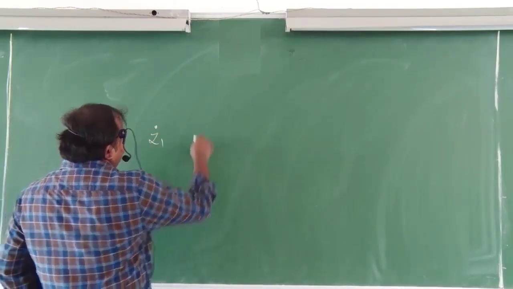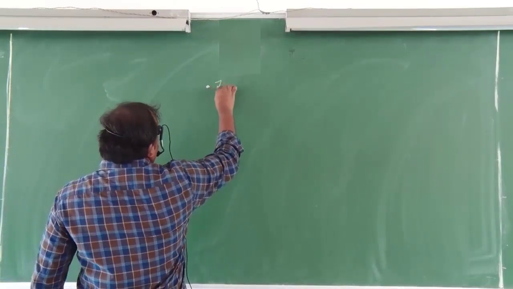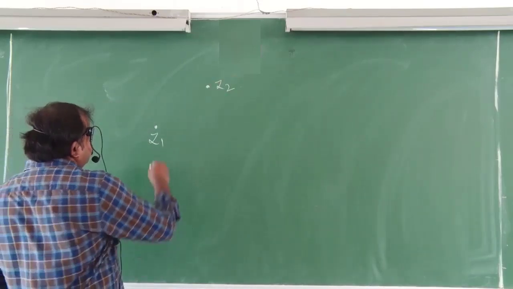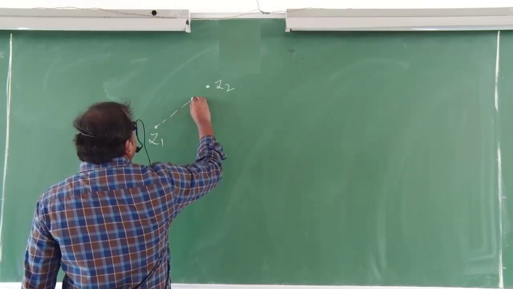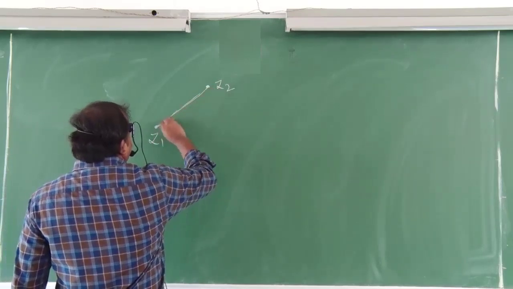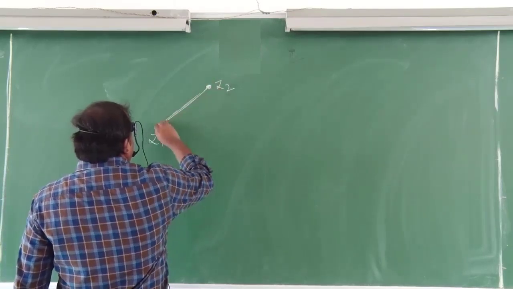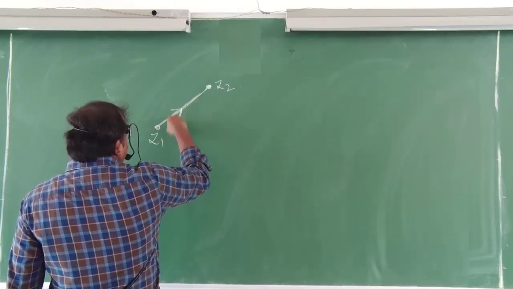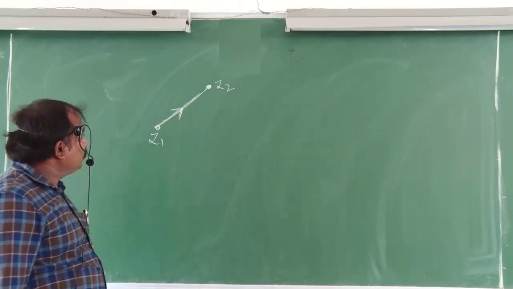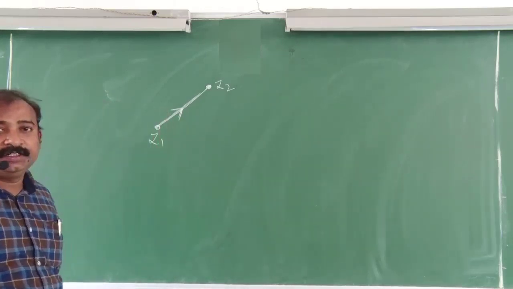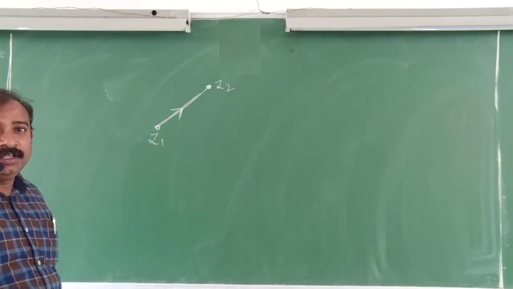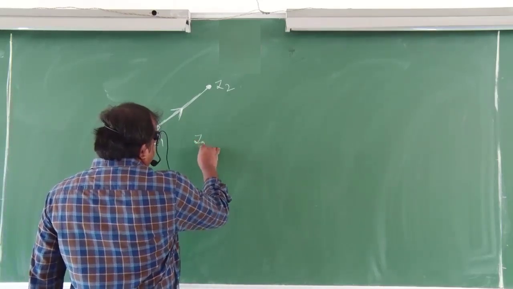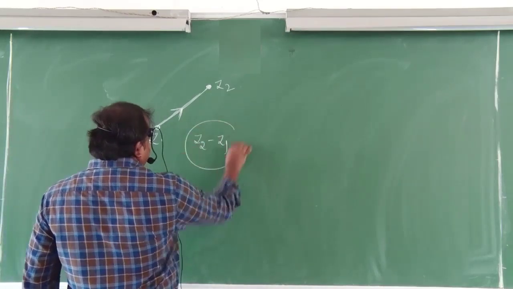Let this be complex number z1, and let this be complex number z2. Geometrical applications we are discussing. Listen carefully. This is indicated by z2 minus z1.